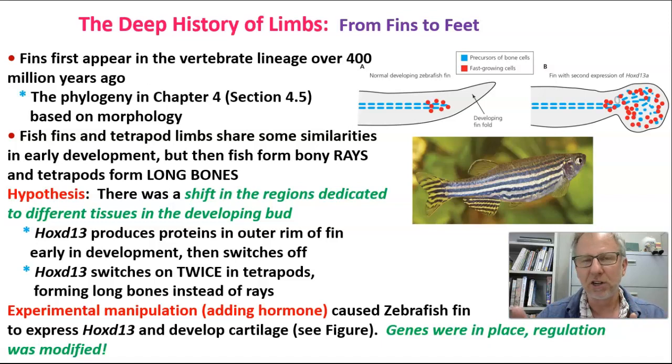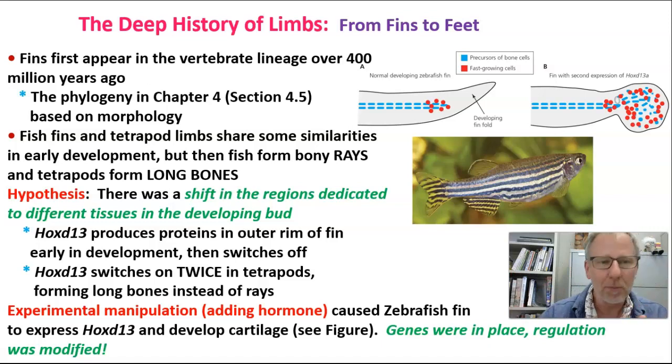So as we just touched on the last slide, fish fins and tetrapod limbs share some similarities in early development. They basically start off the same way. But then fish, of course, form bony rays, and tetrapods form long bones in their arms and in their legs.